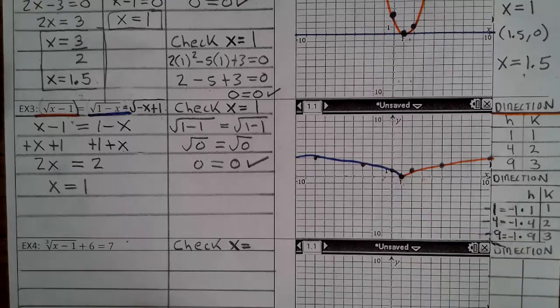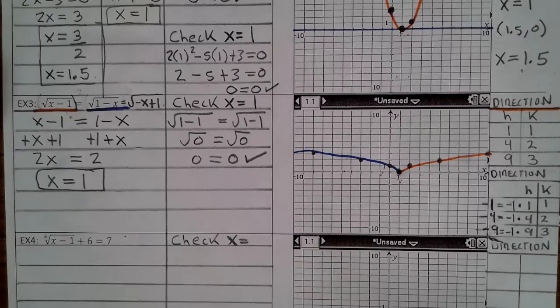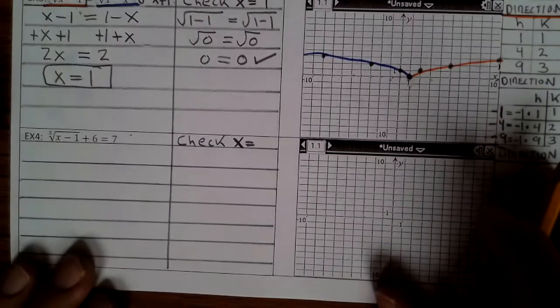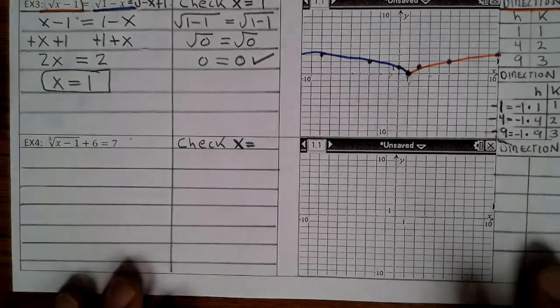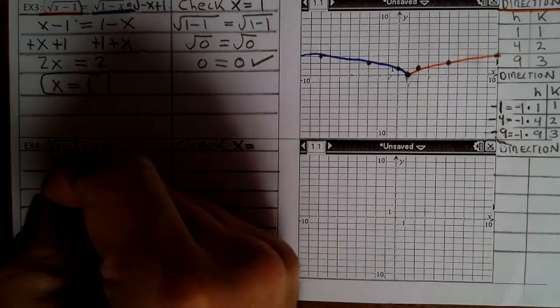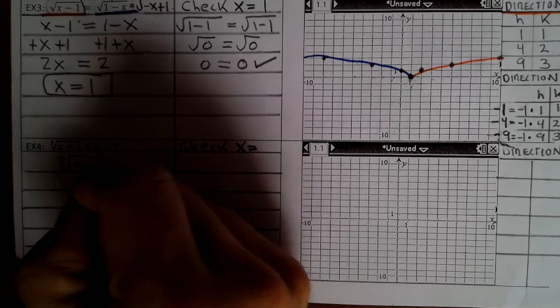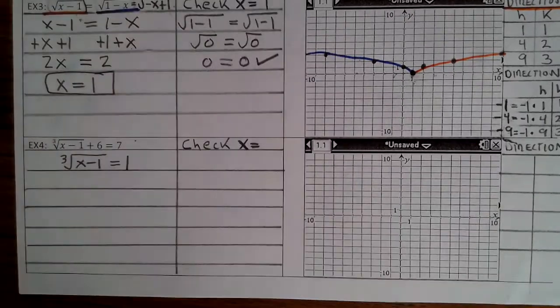Okay. Now to solve algebraically, we need to subtract 6 from both sides, so that's the cube root of x minus 1 equals 1. You're going to cube both sides. Cubing undoes the cube root, so that's x minus 1 equals 1 cubed, which is 1. Add 1 to both sides, x equals 2.